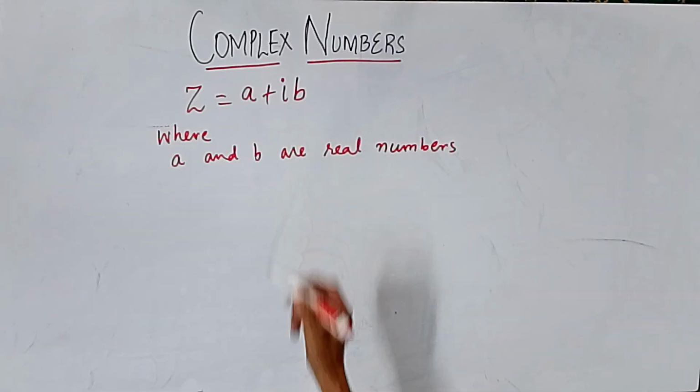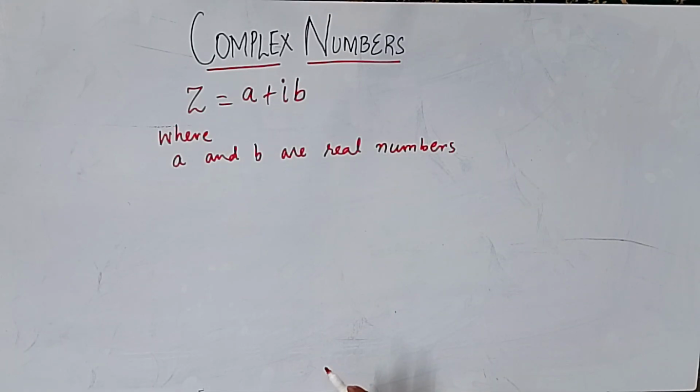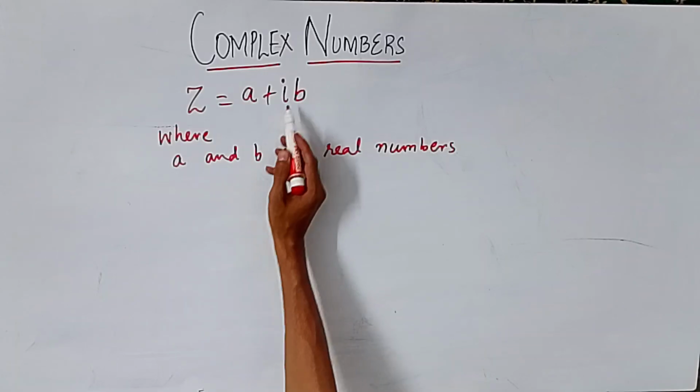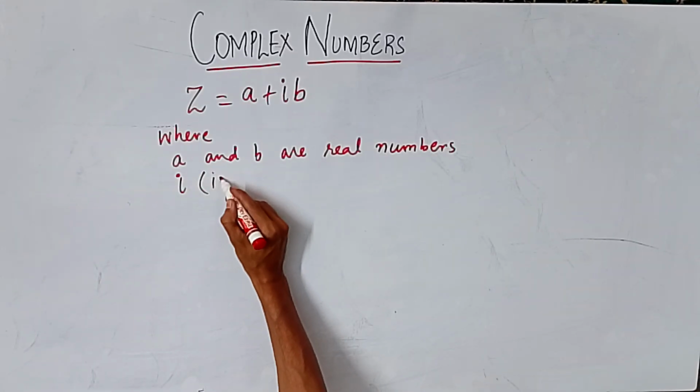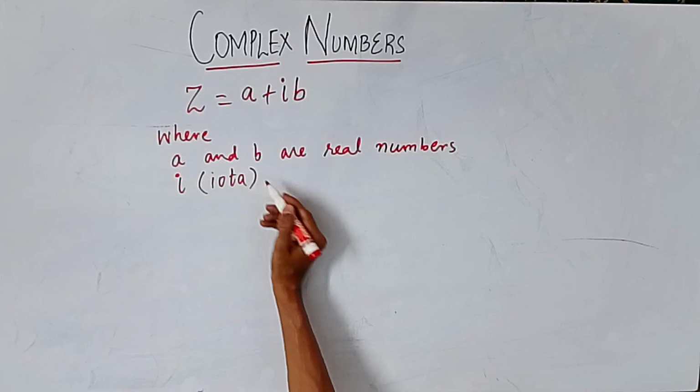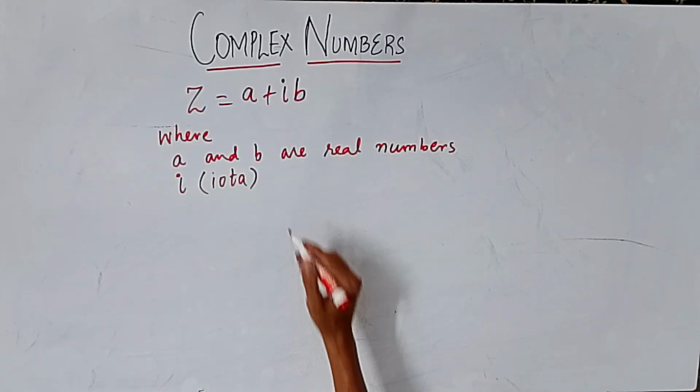This a and b are the numbers that we use which are real numbers, but this i, which looks like i, is actually read as iota, the imaginary unit.